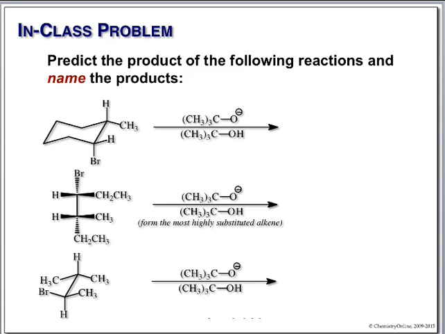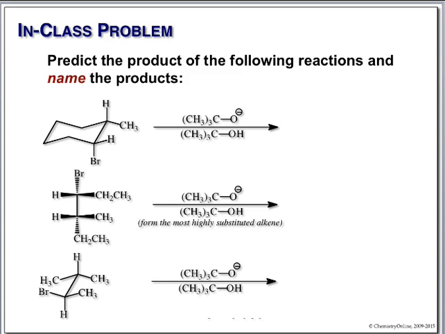Now, what we remember about our E2 elimination is that the leaving group and the hydrogen that is pulled off need to be in the same plane, coplanar, and on opposite faces, anti and coplanar. We also want to form the most highly substituted alkene.